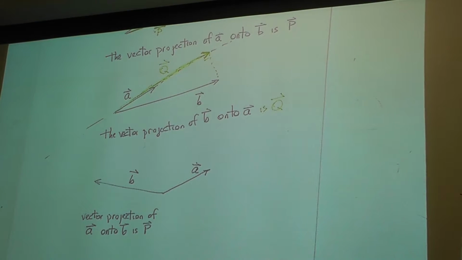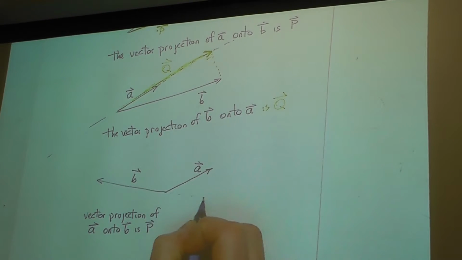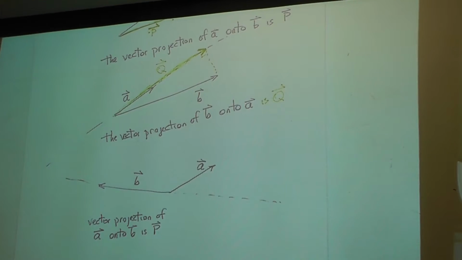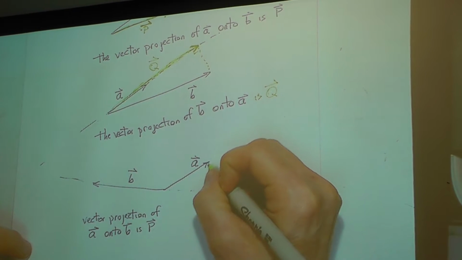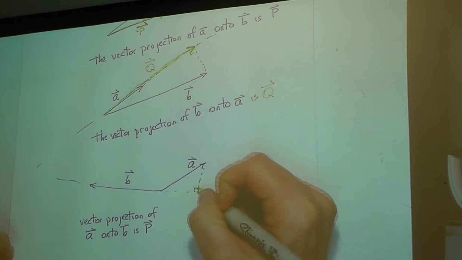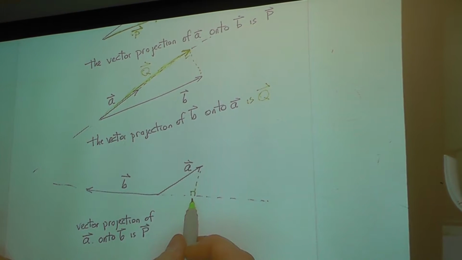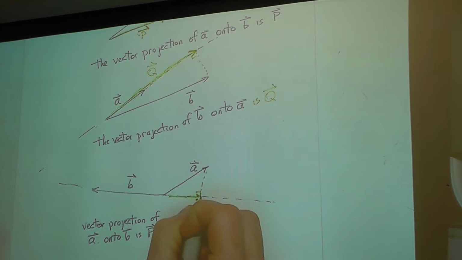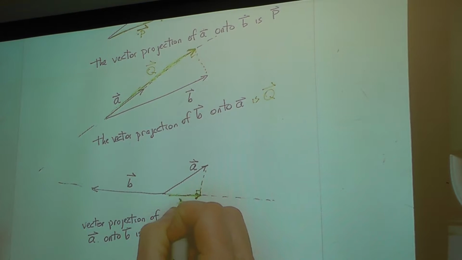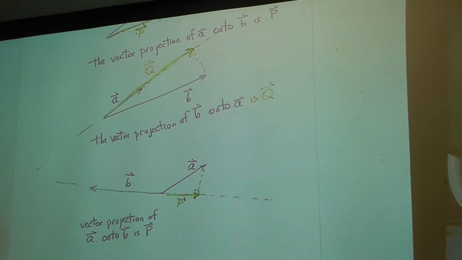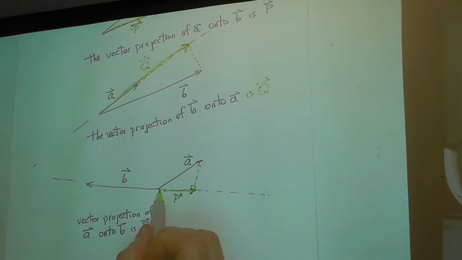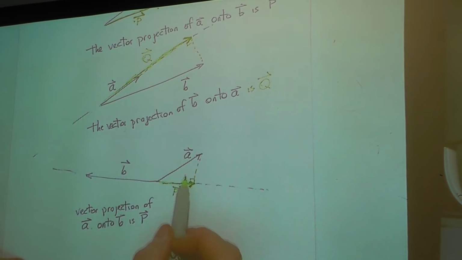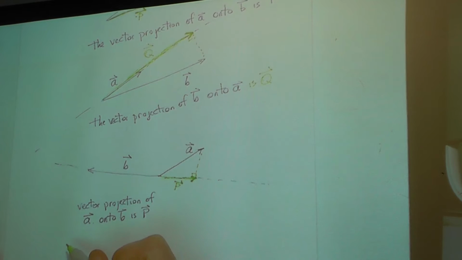So if I'm going onto B, what I'm going to do is extend the line parallel to B, drop down my perpendicular. I'm going from A onto B, so I drop the perpendicular onto B, and this right here is my vector projection. That would be P. Notice it's in the negative direction relative to B, because that angle is bigger than 90 degrees.